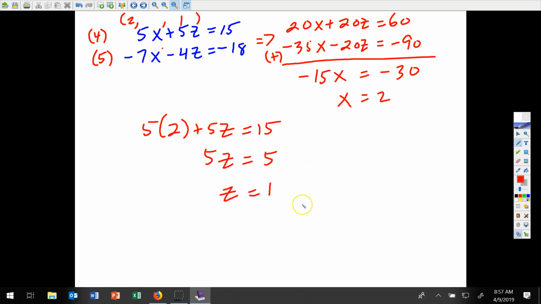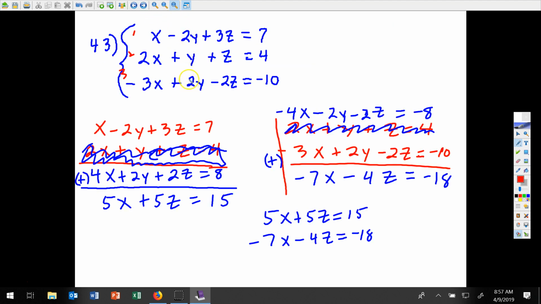Okay, I found two variables, and now I need to go all the way back to the beginning, replace x with 2, z with 1, and again, it doesn't matter which one I pick to find y. I think I'm going to go with the middle. We said x is 2, and we said z is 1.